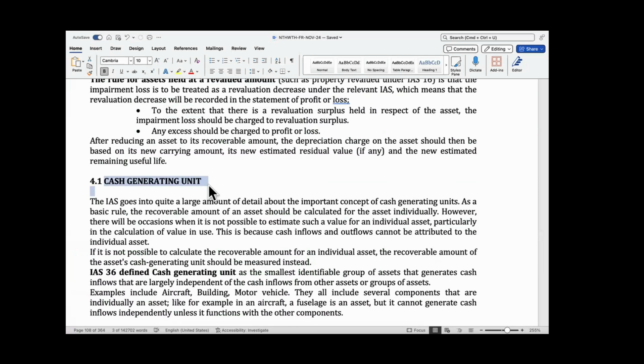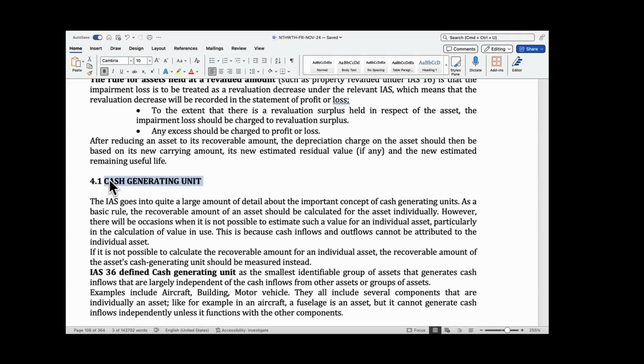Why this is coming up is that there are certain assets that you might not be able to calculate impairment loss on, like, for example, furniture, air conditioner, laptop, elevator. One thing these assets have in common is that they don't generate money directly to the company.